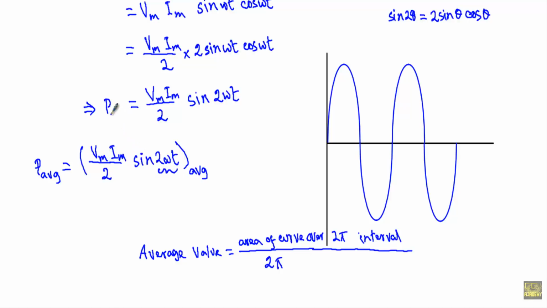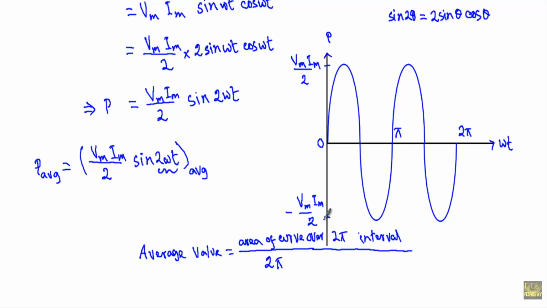Now if I draw the waveform of the instantaneous power, I will get a waveform like this. This will be our instantaneous power. This will be pi, this will be the 2 pi interval. On the x-axis I will have omega t. The maximum value of this sin 2 omega t will be Vm Im by 2. This is 0, and the negative maximum value will be minus Vm Im by 2.